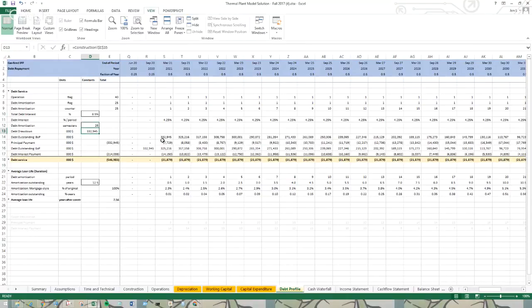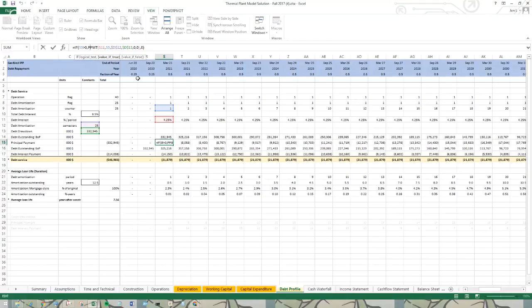So you start with beginning of period debt, then you owe your principal payment. We use a special function called PPMT, which is kind of like the PMT function on your financial calculator.